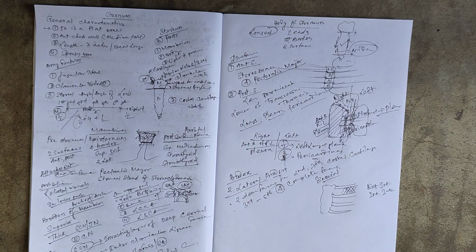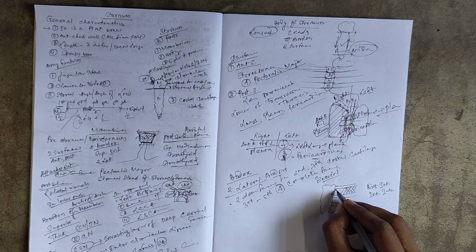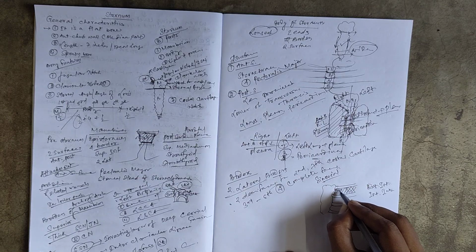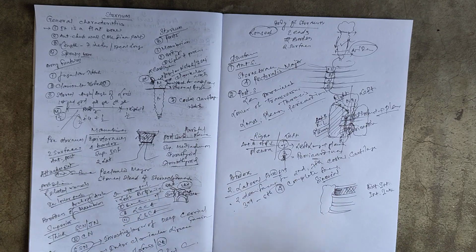But there is a little bit of difference, okay? Between these facets, the attachments are, in case of the external intercostal muscle, the membrane is in the front side. So the first connecting part is the membrane.